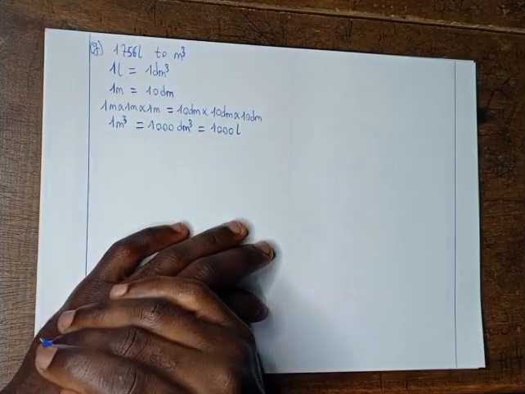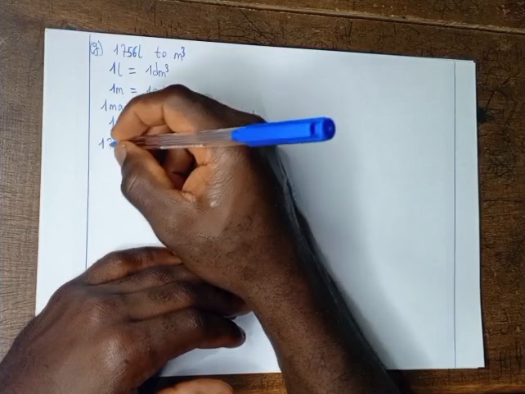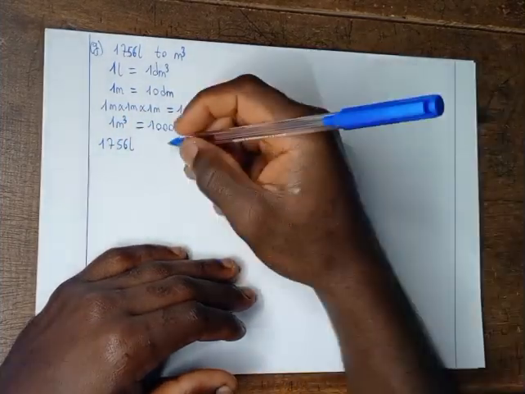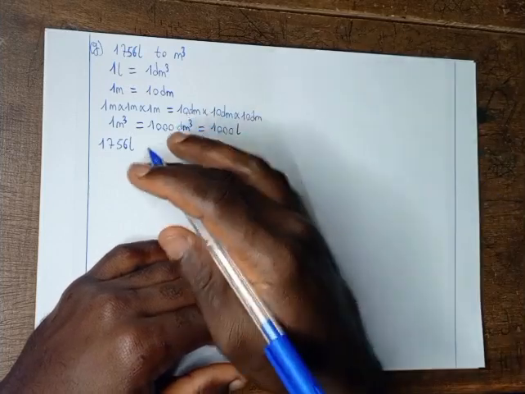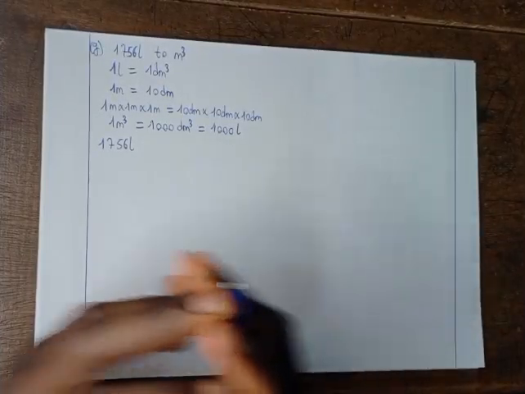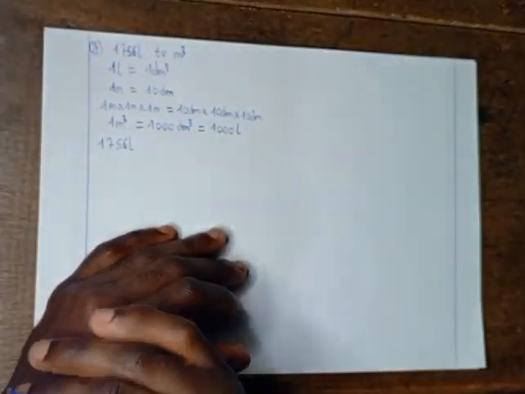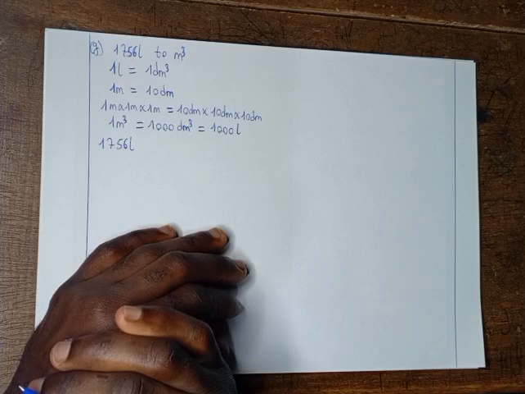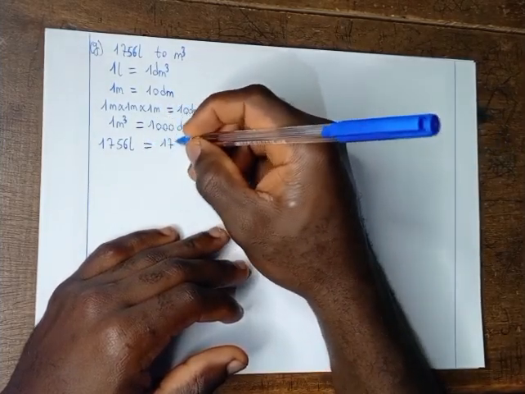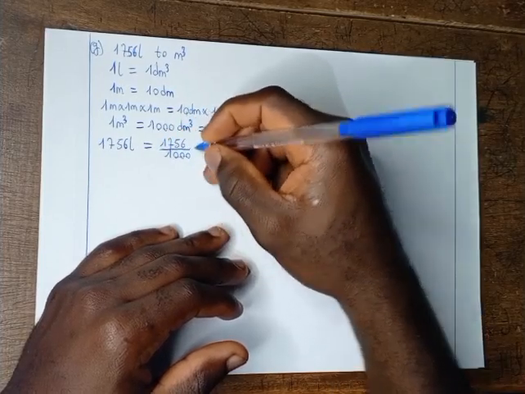For us to convert 1756 liters to meters cube, we are simply changing from a smaller unit to a higher unit. So we are going to divide this constant 1756 by 1000. So this will give us 1756 divided by 1000.